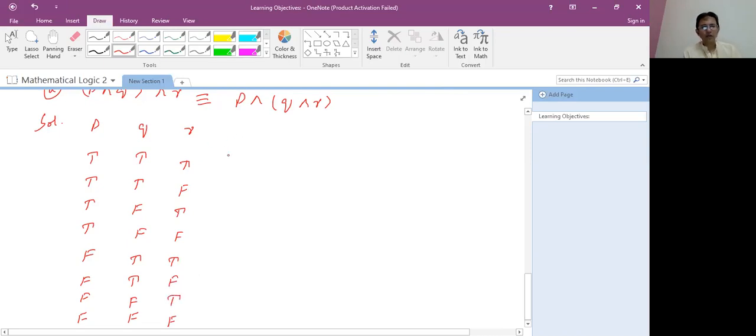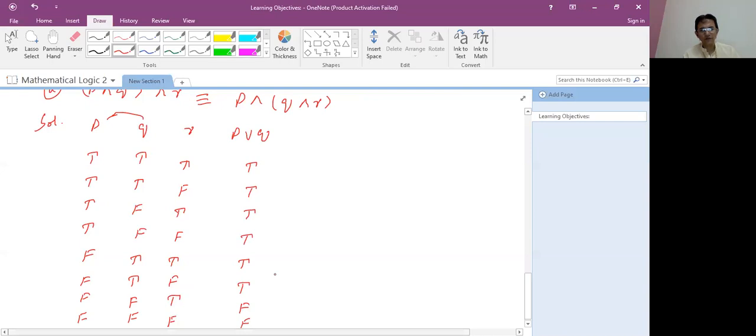Now according to the first law, we add together P or Q. It means when we join these 2 columns with respect to addition, 1 plus 1 is 1, 1 plus 1 is 1, 1 plus 0 is 1, 1 plus 0 is 1, 0 plus 1 is 1, 0 plus 1 is 1, 0 plus 0 is 0.